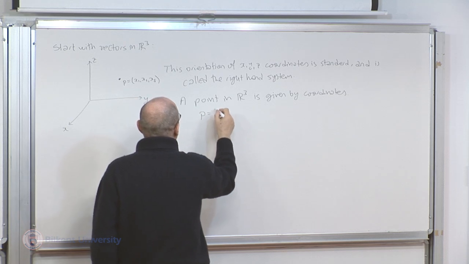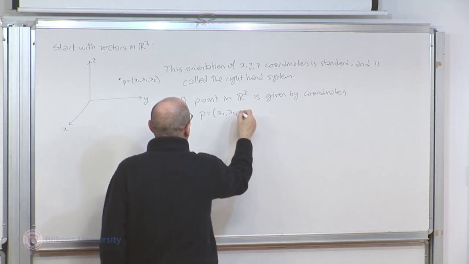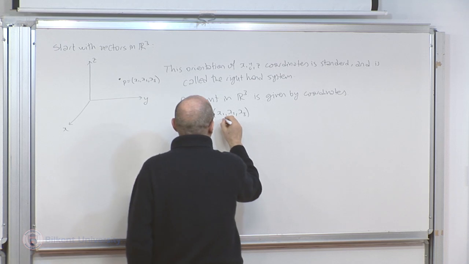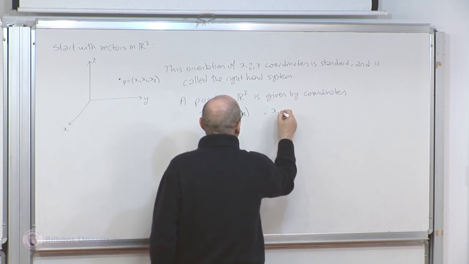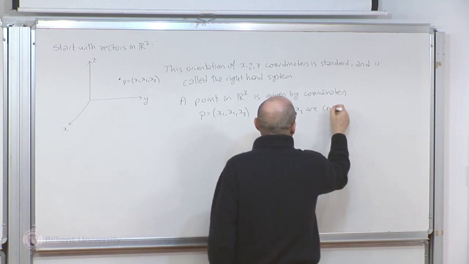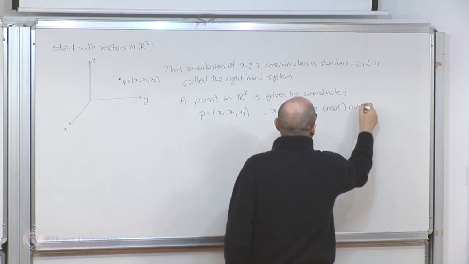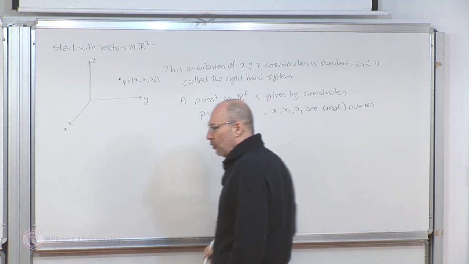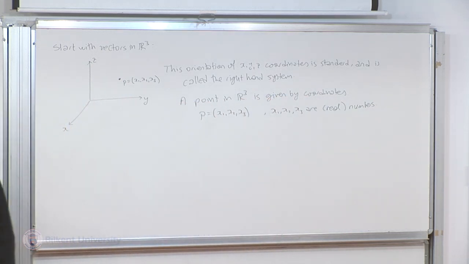So P is given by coordinates. These are numbers, x1, x2, x3 are real numbers. Okay, so in calculus we will be dealing only with the real numbers.